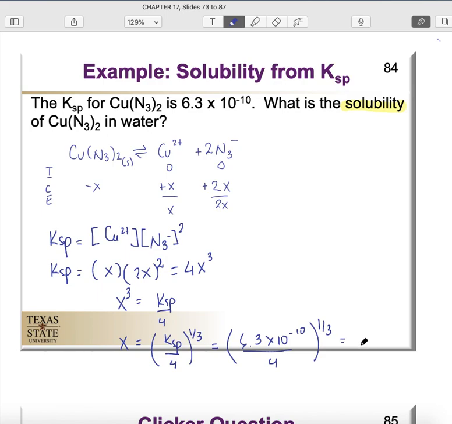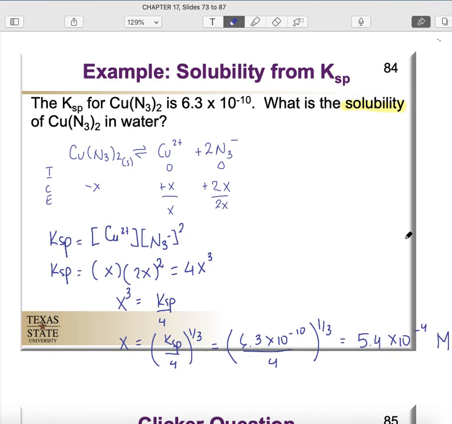And you should get 5.4 times 10 to the minus 4 molar, because it is a molarity quantity, right? The quantities that we have here are in molar units, therefore the X is going to be in molar units as well.